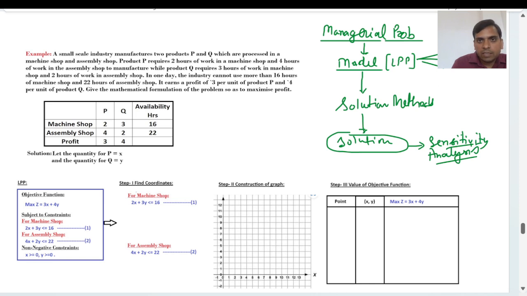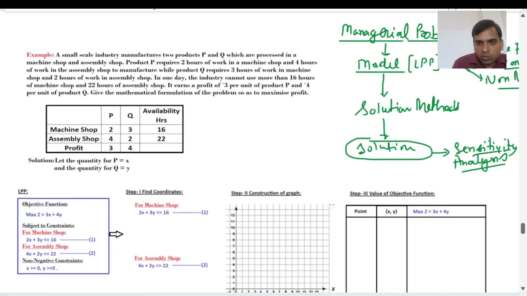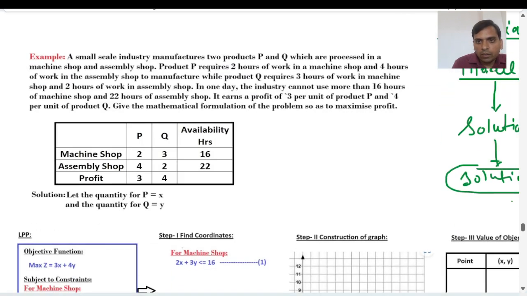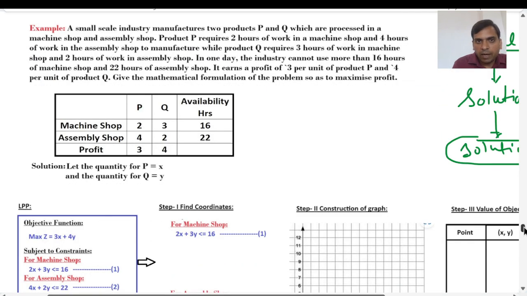Second part is subject to constraint. And why are we adding this part, subject to constraint? Because we have scarce resources and non-negativity constraint. 3 parts. So we will see this question in parts.